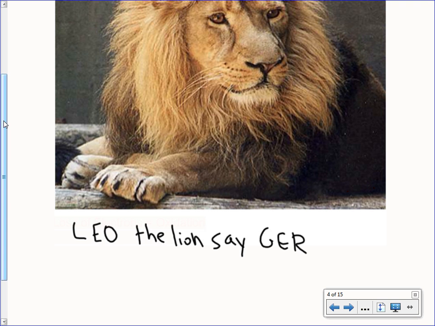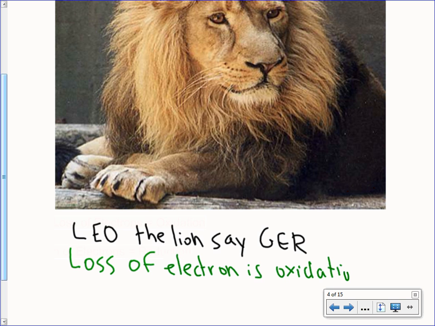So the Leo part stands for loss of electron is oxidation.